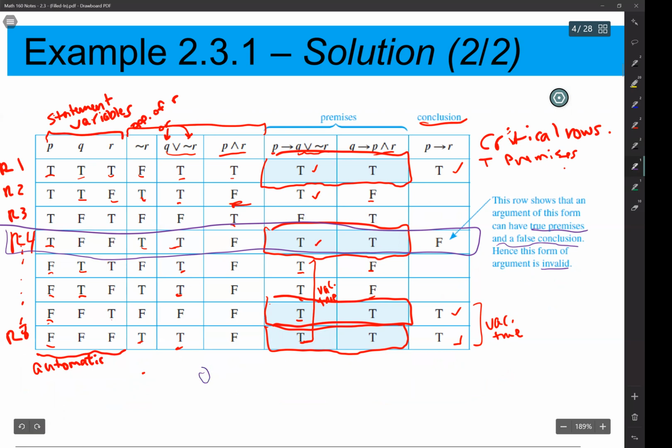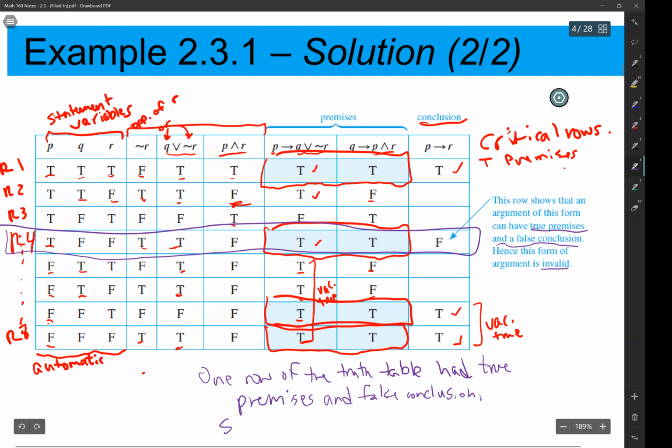So one row of the truth table had true premises and false conclusion. So the entire argument form is invalid.